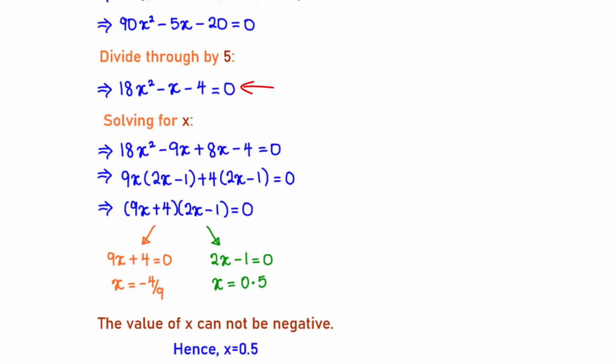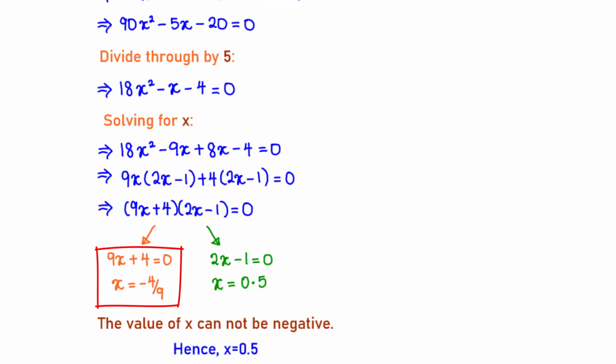We can solve this quadratic equation by factorization. We can rewrite negative x as negative 9x plus 8x. When we factor out 9x from the first two terms, we are left with 2x minus 1. And when we factor out 4 from the final two terms, we are left with 2x minus 1. This equation can be rewritten as 9x plus 4 times 2x minus 1 equals 0.